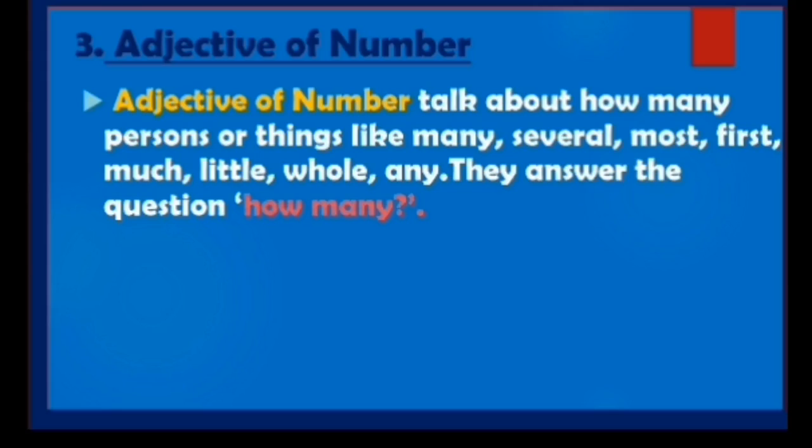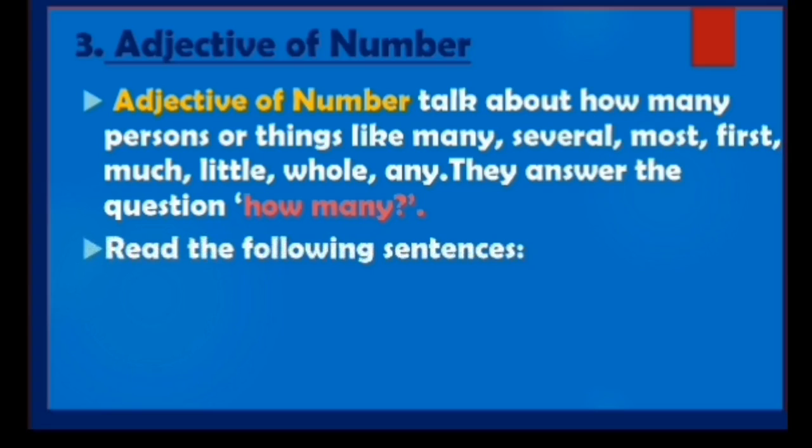In the adjective of quality, we received the answer by asking what kind of. But in this adjective of number, we receive the answer from the question how many. Adjective of number basically tells the number of nouns and pronouns we are talking about. It will be more clear with some examples.